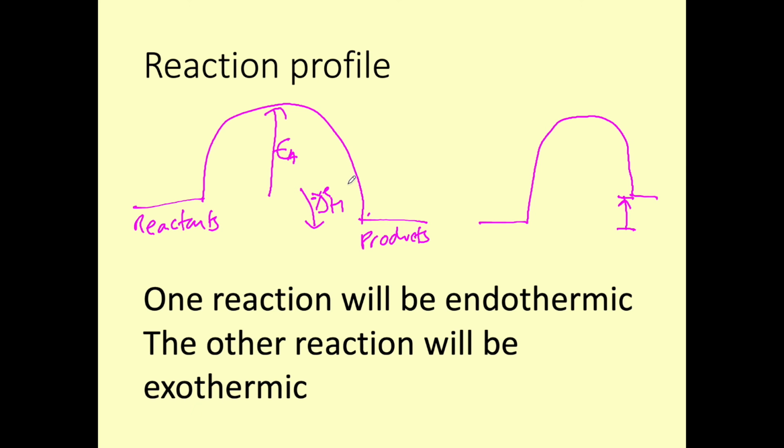So in one direction it will be endothermic, but in the other it will be exothermic. So here we looked at going from our reactants to our products being exothermic, but then when we go from our products to our reactants, it is now an endothermic reaction because we take in that energy.